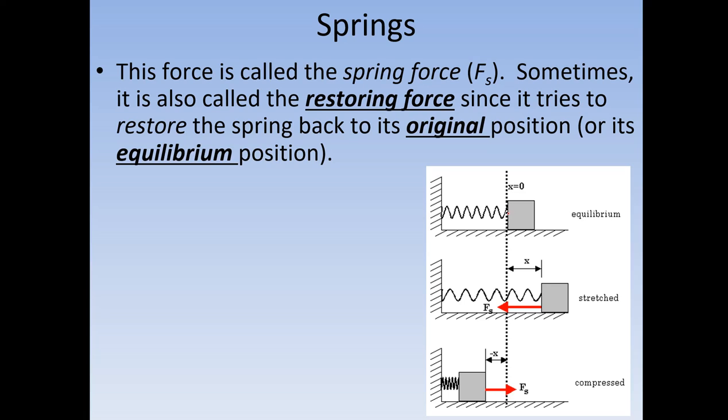But once you move it either to the right or to the left, the spring force will pop up and try to bring it back to that equilibrium position. So you pull it to the right, the spring force tries to restore equilibrium by pulling it to the left. You pull it to the left, the spring force tries to restore that equilibrium position and push it to the right.